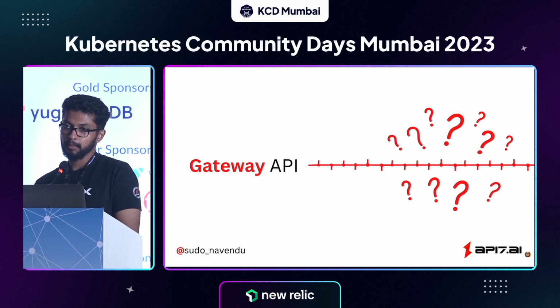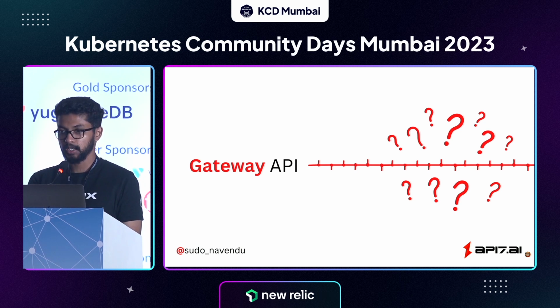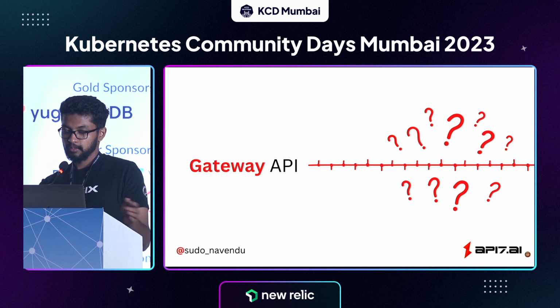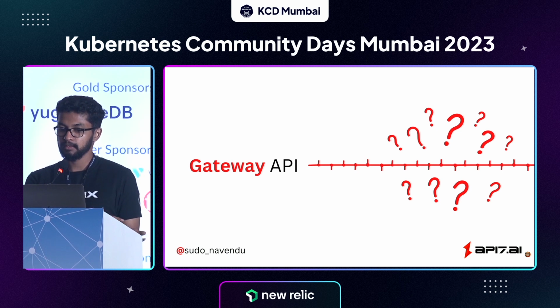And there are more implementations coming in. Projects like Istio, which is a service mesh, have also mentioned that they will use Gateway API as the default API in the future. So the future looks bright, but as you can see, most of the stuff is still experimental. Most of the implementations are constantly breaking. There are a lot of implementations, but most of them are still in alpha or beta stages.